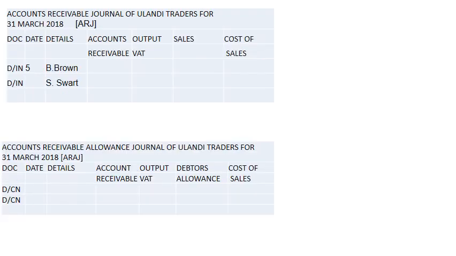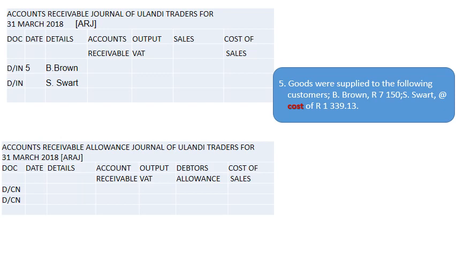In transaction line 5, goods were supplied to the following customers: B. Brown and S. Swart. These we said are goods that are supplied on credit. They will therefore be recorded in the accounts receivable journal.